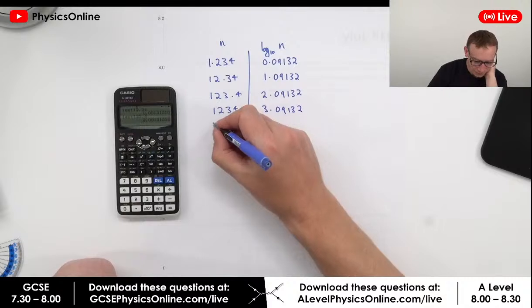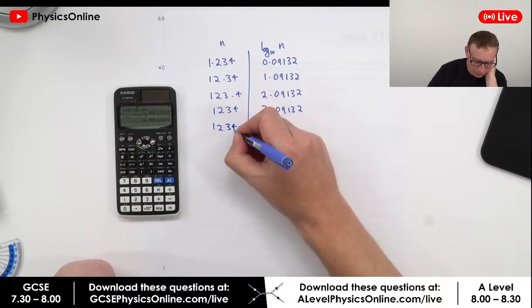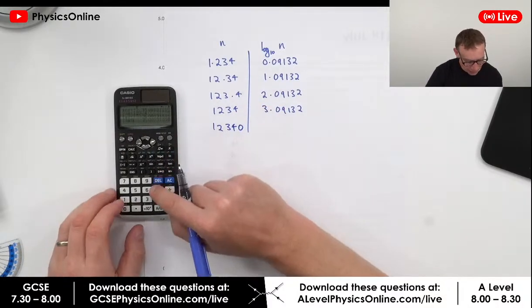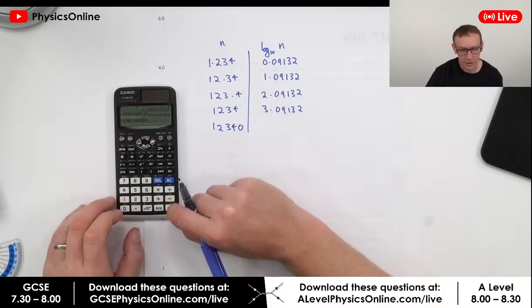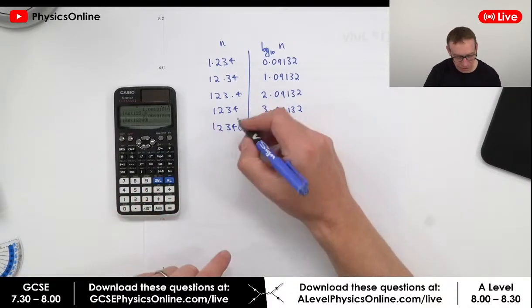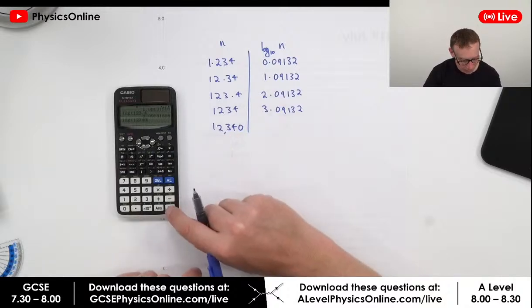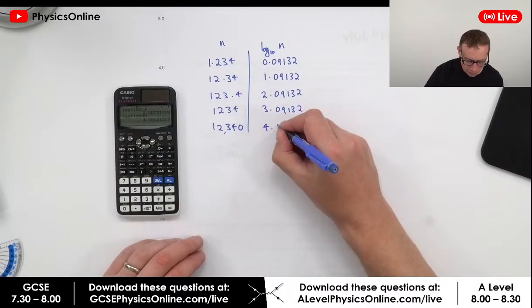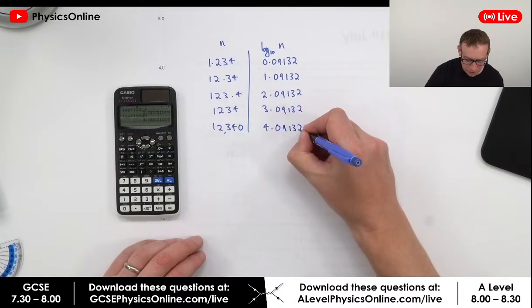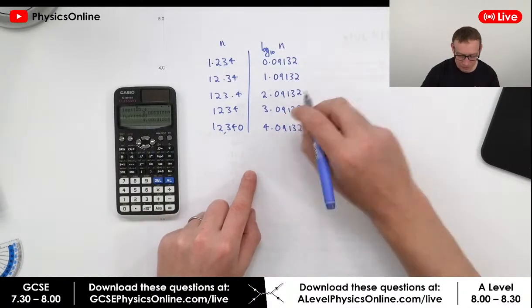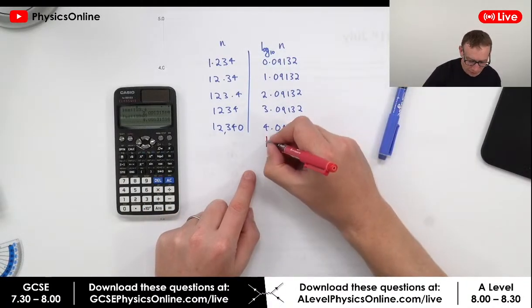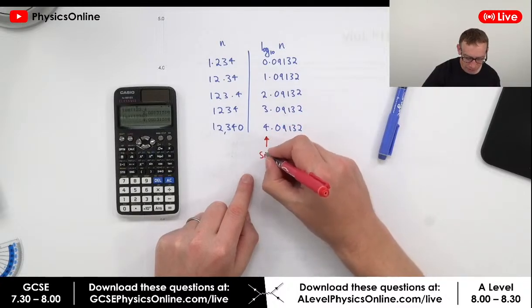And if we had 12,340, the log of 12,340 is equal to 4.09132. Basically the first number tells you about the size.